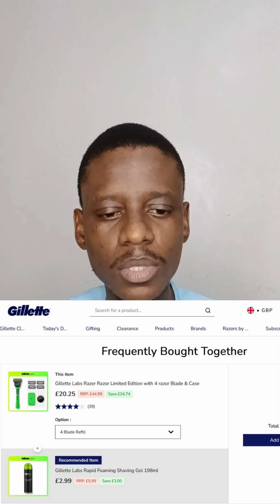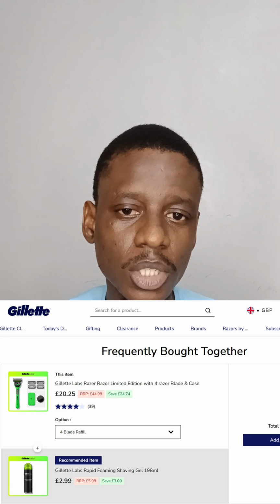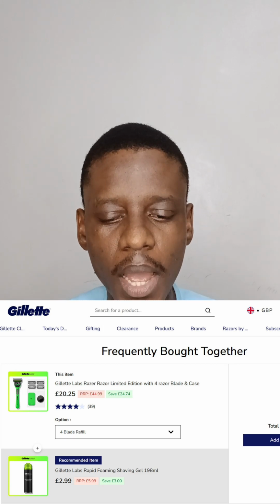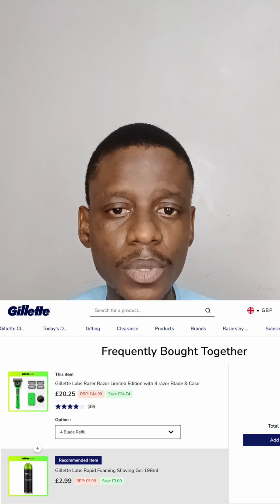Then we also have what we call the sticky card. So sticky card usually comes just before the user goes to the checkout page, and it usually comes in the format of people also purchased. So it shows up to users and tells them that other people have purchased this product.